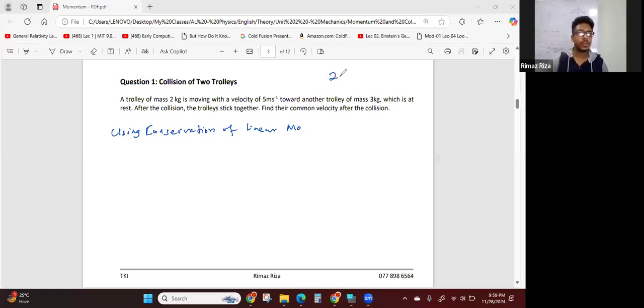So 2 meters per second. Okay, let's see using conservation of linear momentum. So total momentum before collision. So you have to write the full form, okay? So total momentum after collision.